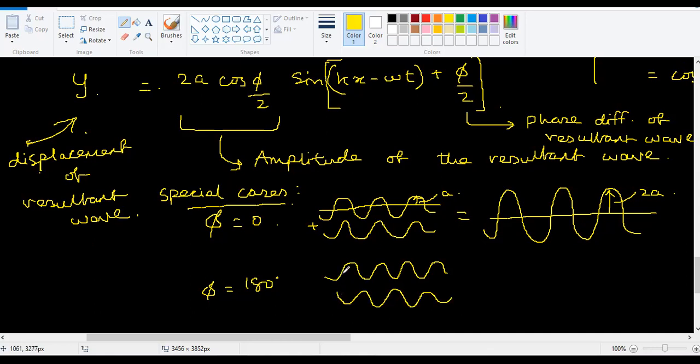This wave is trying to push it upwards. So when you add this, it will be almost 0 like this. So the amplitude here is 0. That's what you are seeing from this.